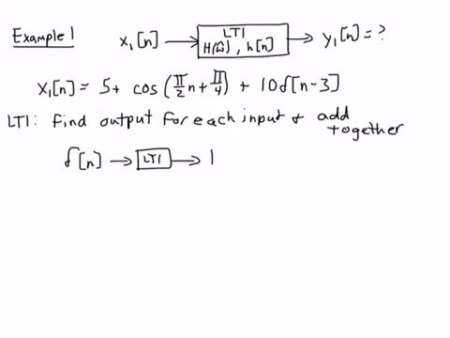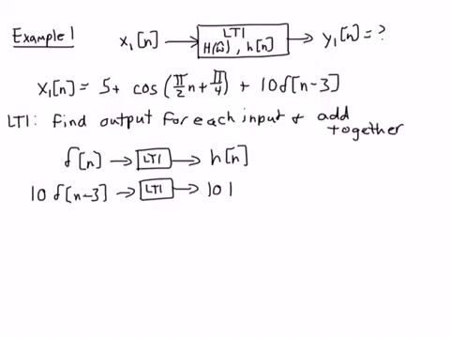We have h of n, right? We have that from what we did on the previous slide. So if we put in a scaled and time-shifted delta, because the system is both linear and time invariant, that will just scale the impulse response and shift it in time.